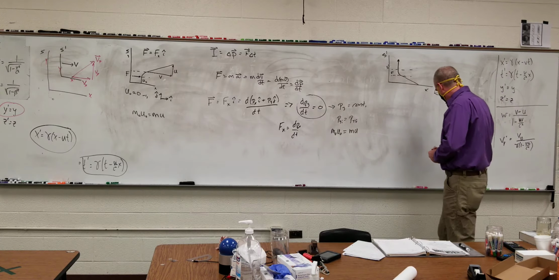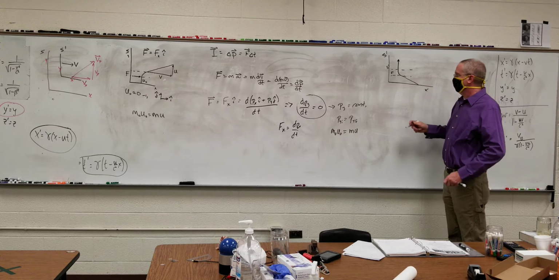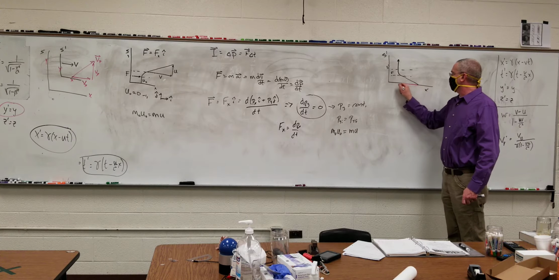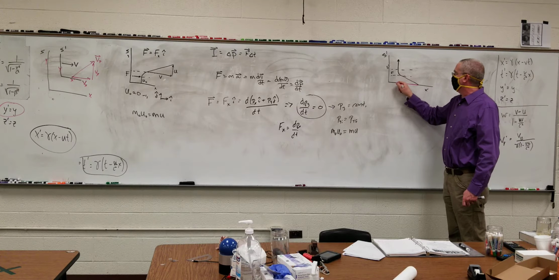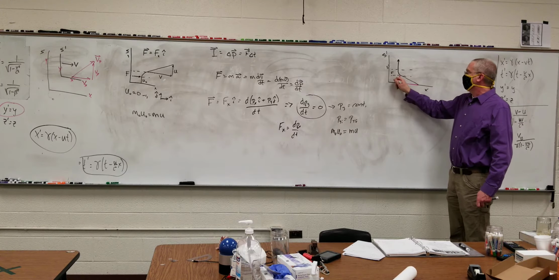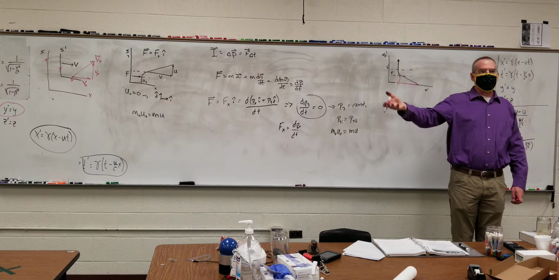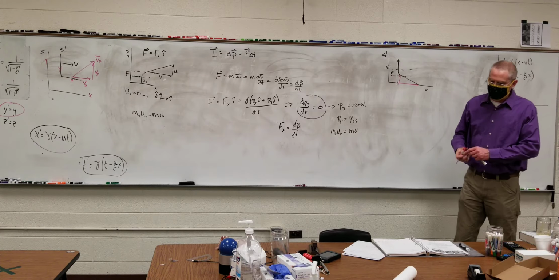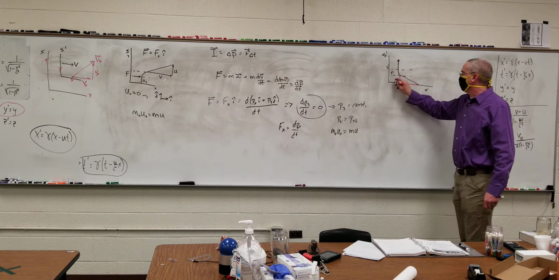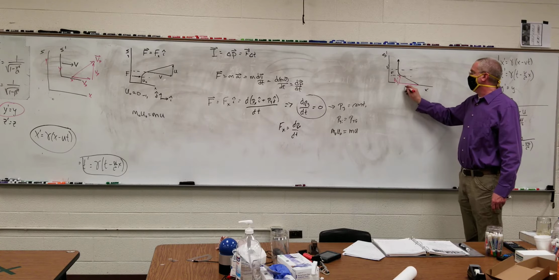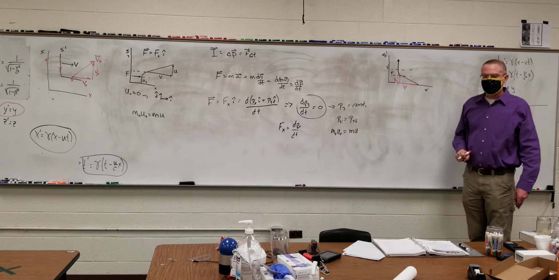So this is initially going in that direction. Now, the speed at which your hand is going up will be u naught prime, and this will be some speed v.